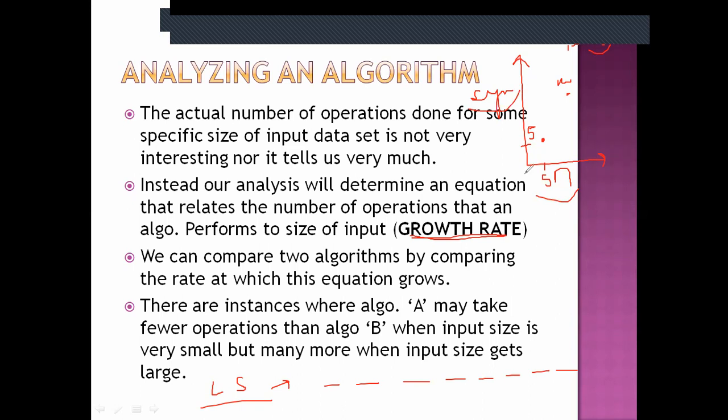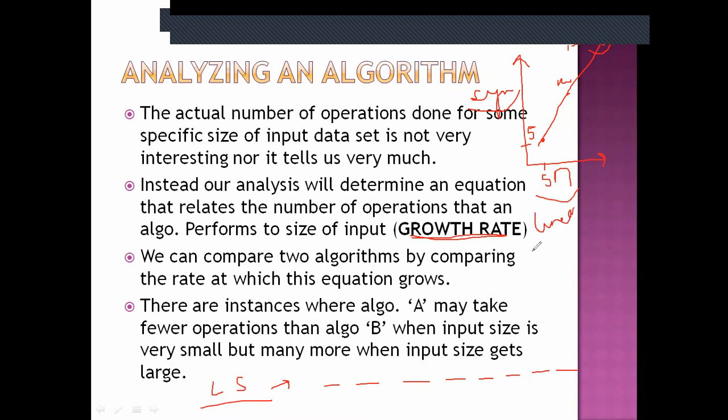That means as you increase the value of n, the number of elements, how the number of operations are increasing. Suppose your number of operations are increasing in the linear order, you are getting this straight line, you can say the time complexity is linear.